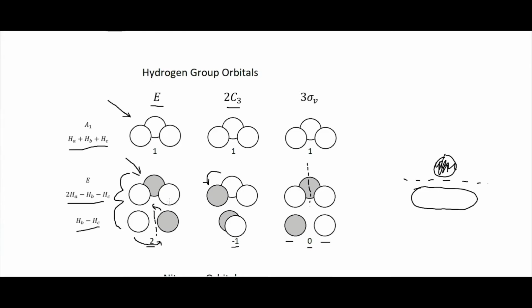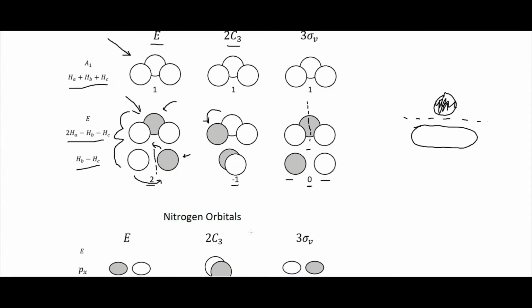The way I like to think about it is that this top one here is like a 1, and this bottom one here is like a 1. And then if we change this around so that it's rotated, then this becomes like a 0, and this one down here becomes like a -1. Then up here it stays the same, so that's a 1, and this down here becomes like a -1, and so 1 plus -1 is 0.